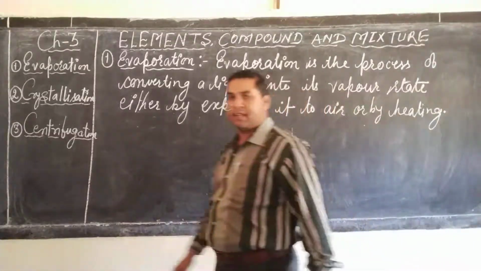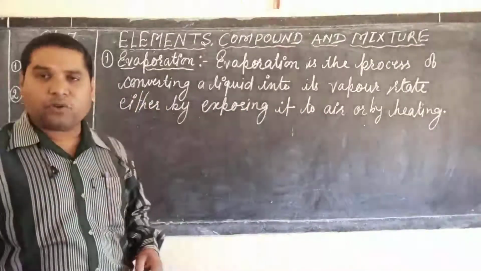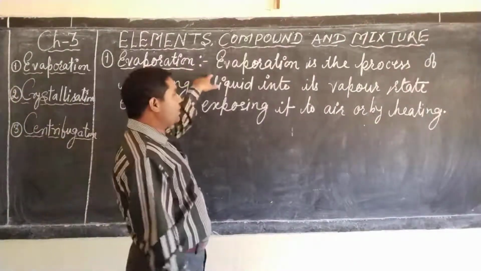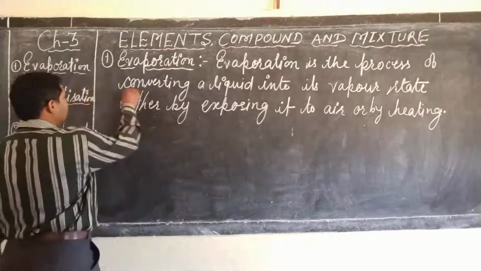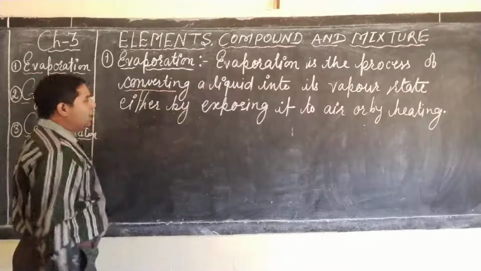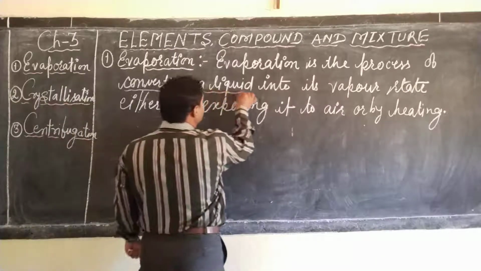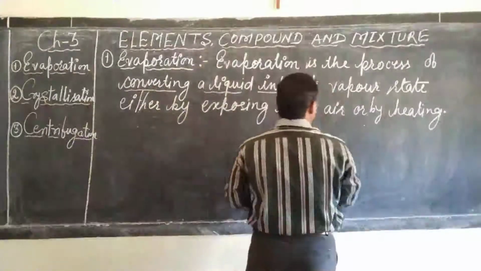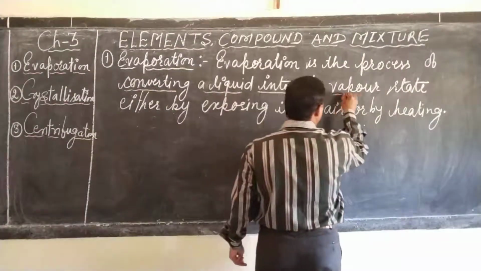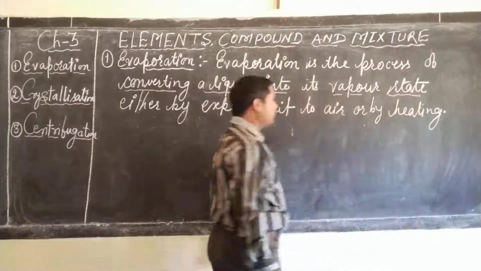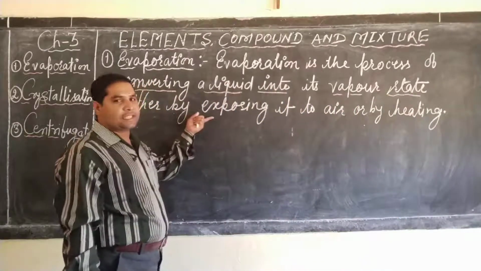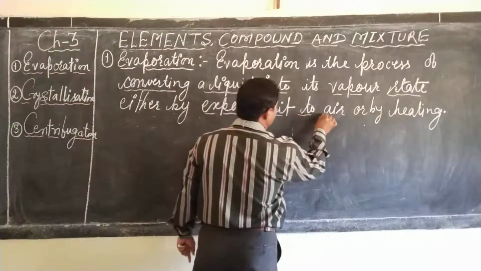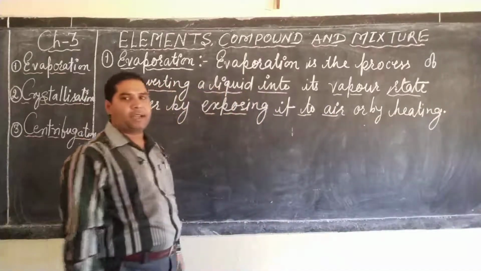So dear student, let us understand what you mean by the term evaporation. Evaporation is the process of converting a liquid into its vapor state, either by exposing it to air or by heating.